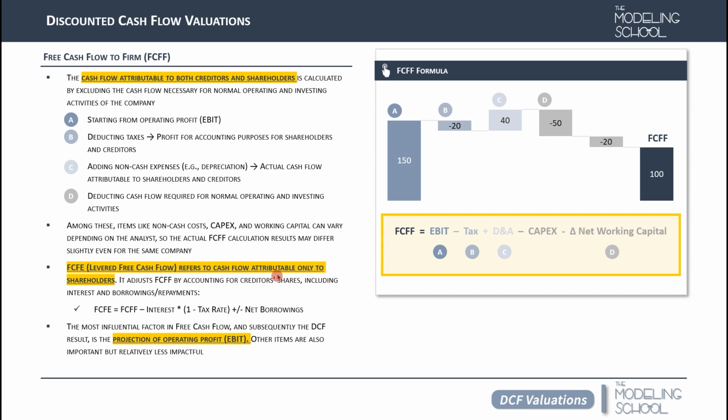All right, returning to FCFF, which component do you think is the most crucial factor in increasing a company's value? Well, ultimately, of course, EBIT has a significant impact.